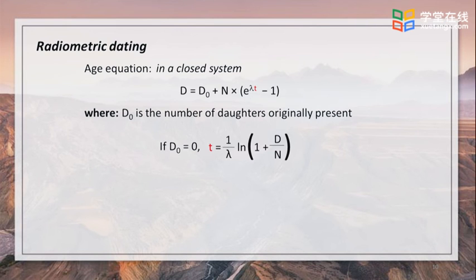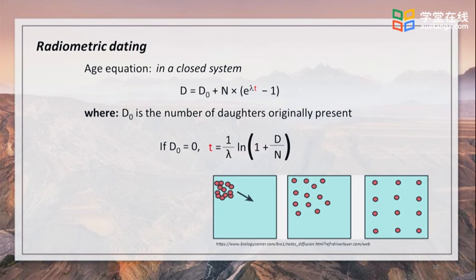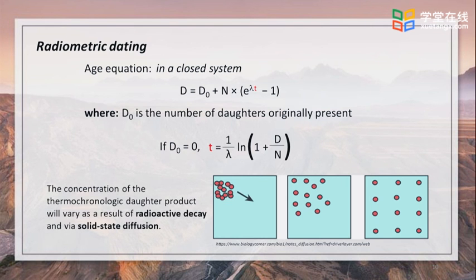It should be noted that thermochronometer daughter products are not suitable to be incorporated in the host mineral's crystal lattice. As foreign isotopes, they are therefore mobile and well diffused within the crystal. The concentration of the thermochronological daughter products varies as a result of radioactive decay, as well as via solid-state diffusion.